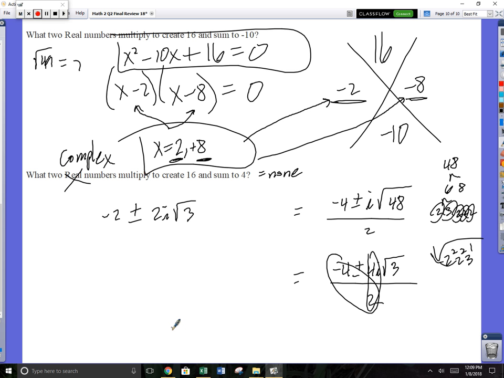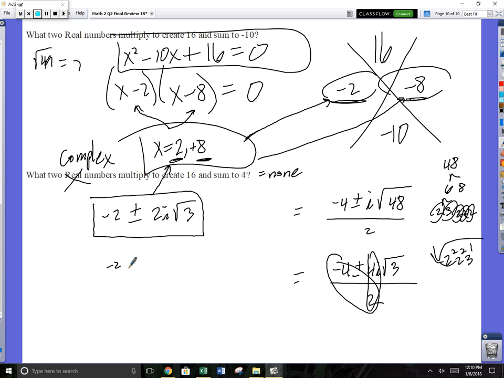Alright, now these are the solutions. And these are opposite of the numbers we're looking for. So I want to know what numbers add to give you a 4 and multiply to give you 16.